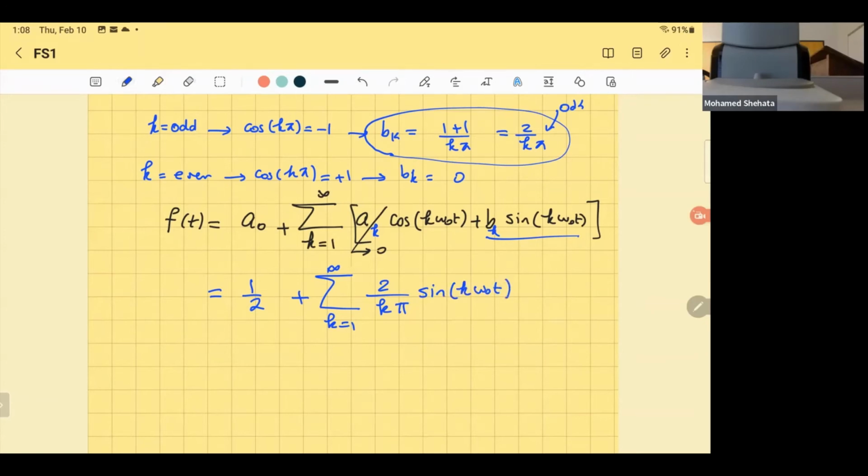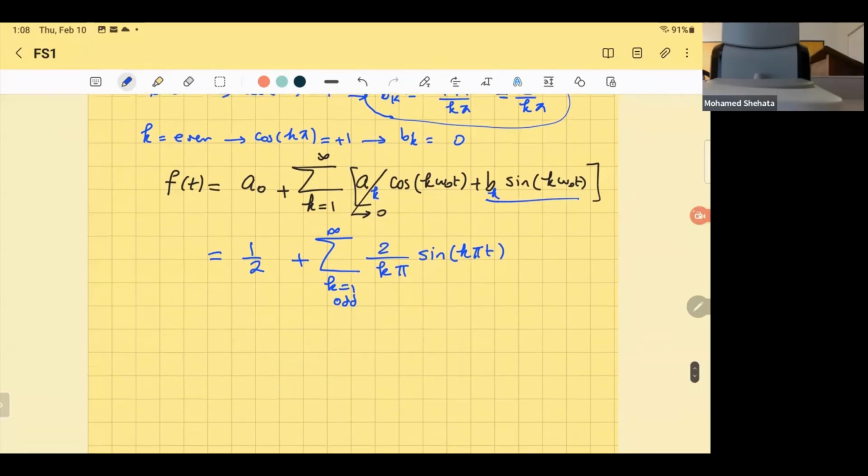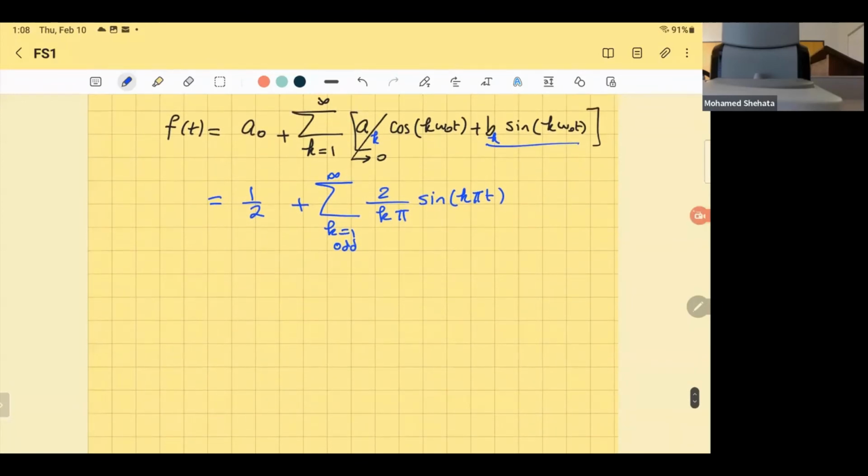I know omega naught is equal to pi, so you put the value for omega naught, pi t. But I got to put here odd. You have to put odd here. So let's take some 5 terms.